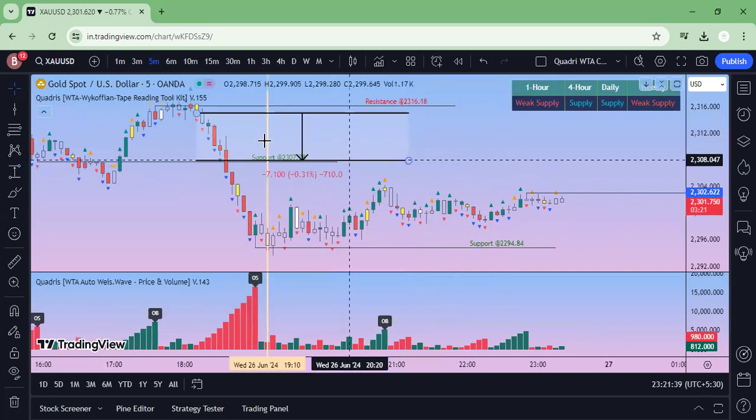After that, this was my third trade. And then I got an opportunity over here. This is an interesting opportunity, something called climactic behavior, buying climax, because nowadays markets are behaving in a very different manner.